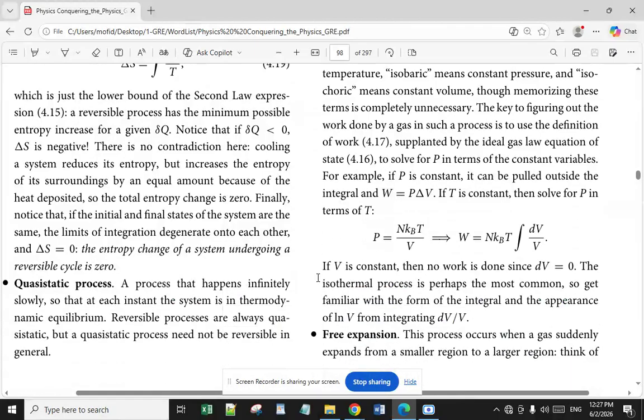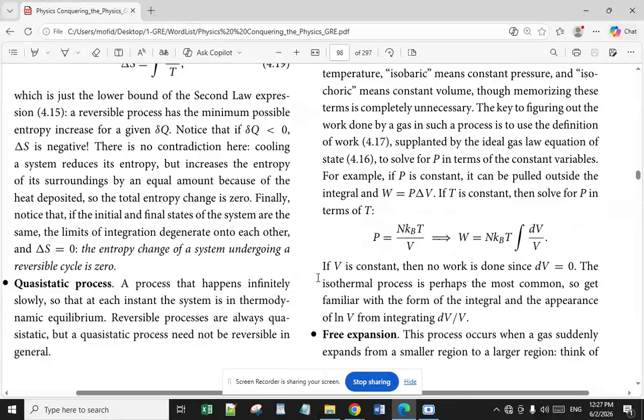Pressure is equal to N k times temperature divided by V, so W is equal to N k T times the integral of dV divided by V. If V is constant, then no work is done since dV is equal to zero.